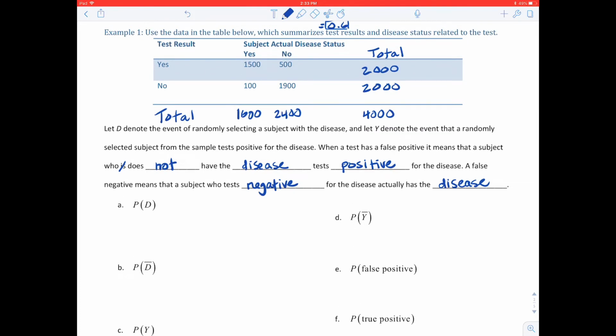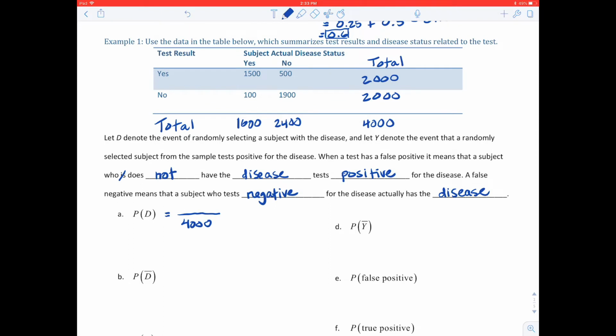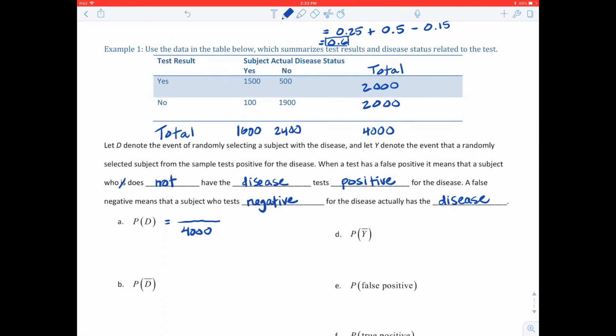Okay, so looking at our table, the probability that a randomly selected subject has the disease. You're looking at all possible subjects, so what would your denominator have to be? Beautiful. It would have to be 4,000, because those are all the people that are in the study. And how many people from the study actually have the disease?